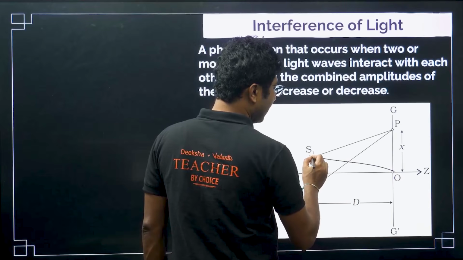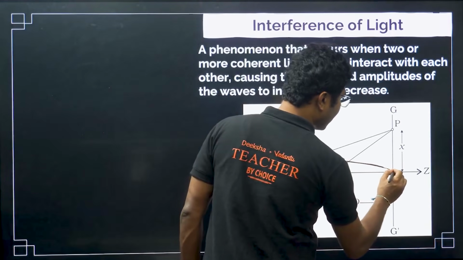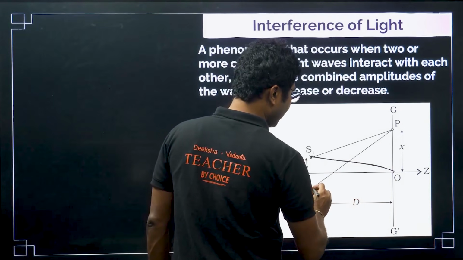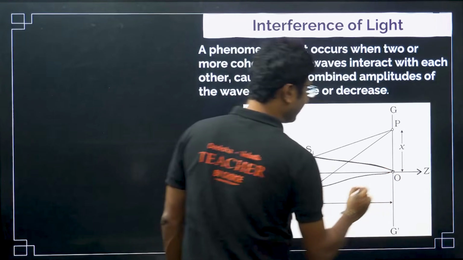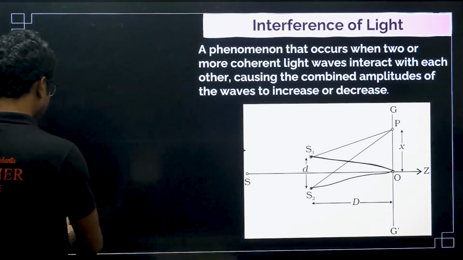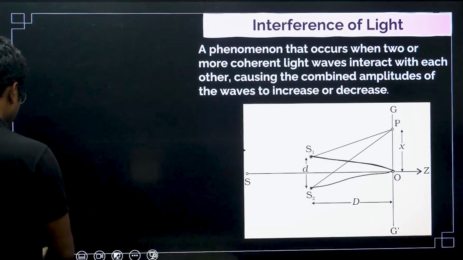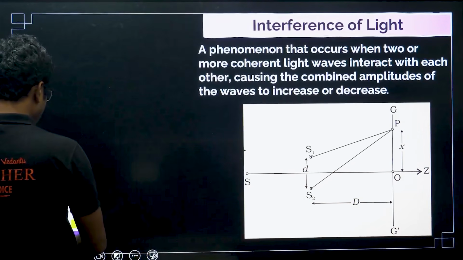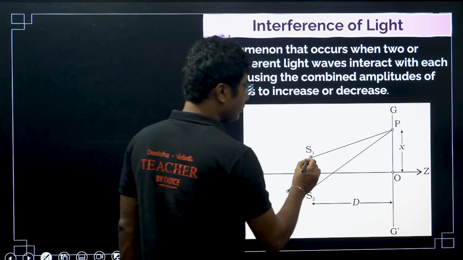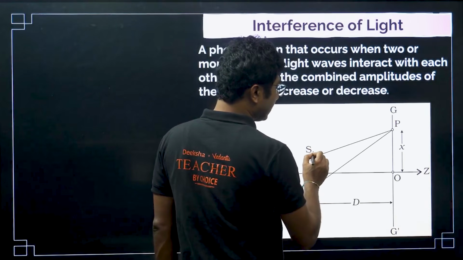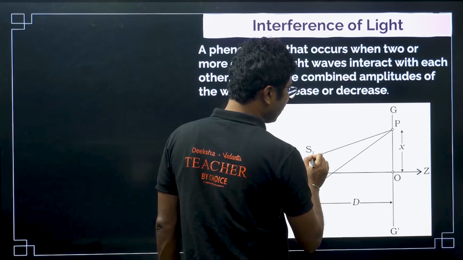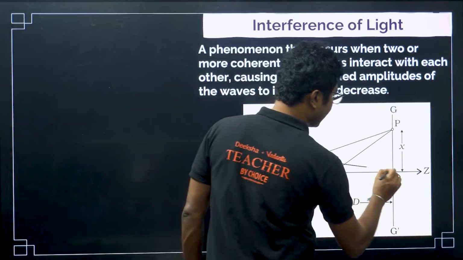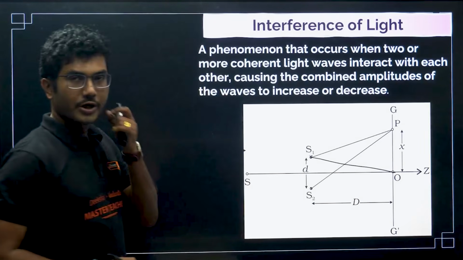Now, the light ray travelling from S1 towards O and the light ray travelling from S2 towards O are also travelling the same distance. Same distance means the time should remain the same, since the speed is the same. So, the light ray which starts at S1 at t equals 0 reaches point O after t seconds.